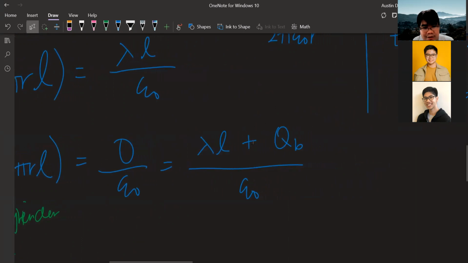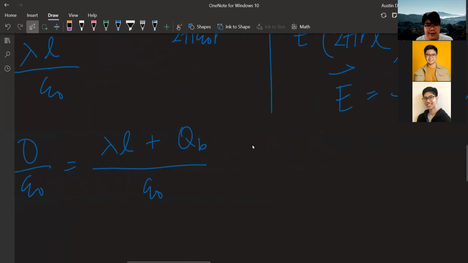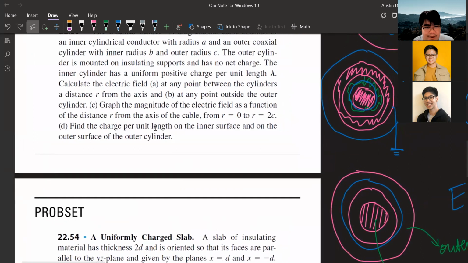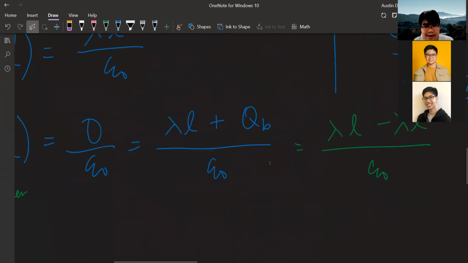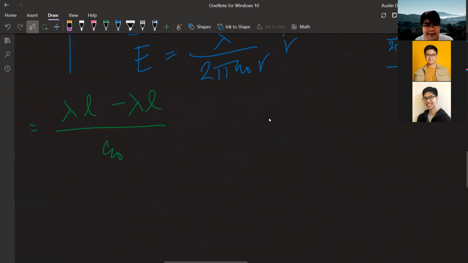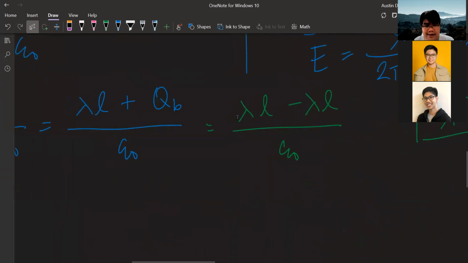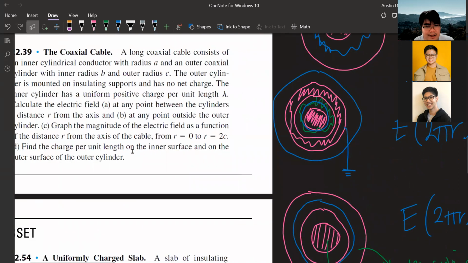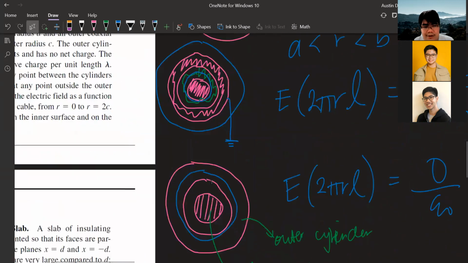So for this to be 0, Q B must be negative lambda L, lambda L minus lambda L, over epsilon naught, for it to become 0. Right? Therefore, the charge per unit length on the inner surface must be negative lambda. Okay? Q B is the charge on the inner surface, which is in this part.